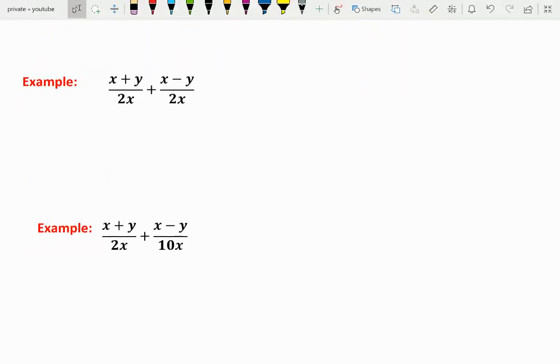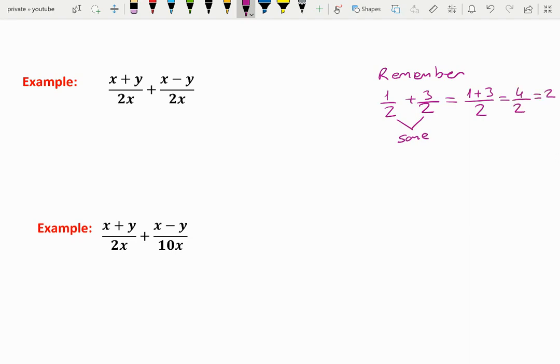Okay, so when I'm adding two rational numbers, like 1 over 2 plus 3 over 2, since the denominator is the same, I don't have to do anything. I'm adding 1 plus 3 over 2, which is 4 over 2 equals 2.